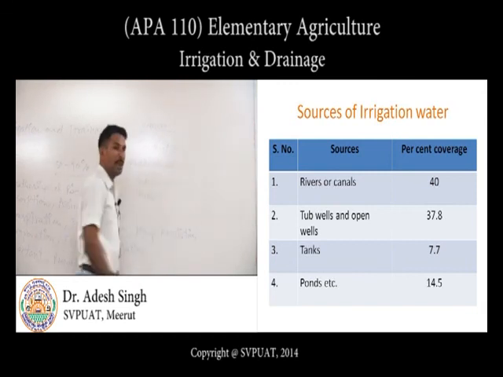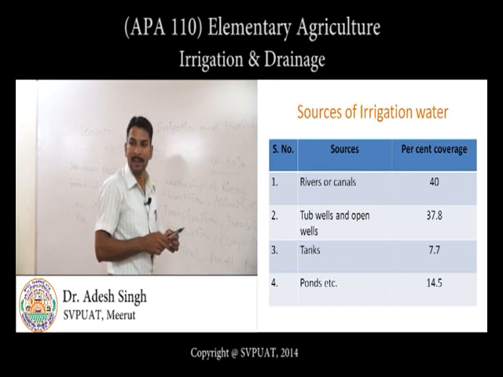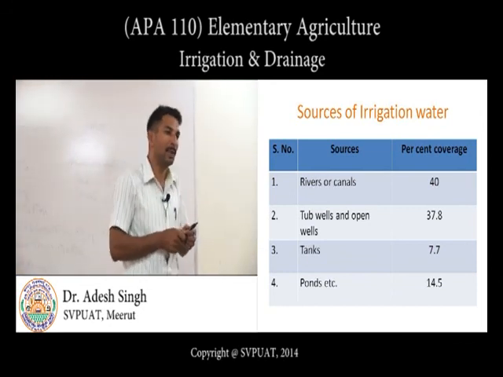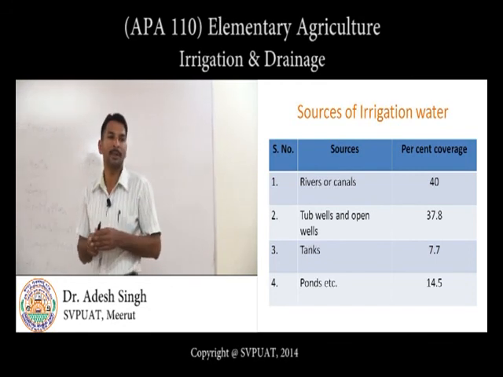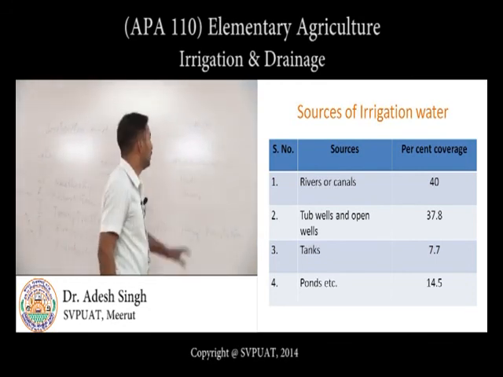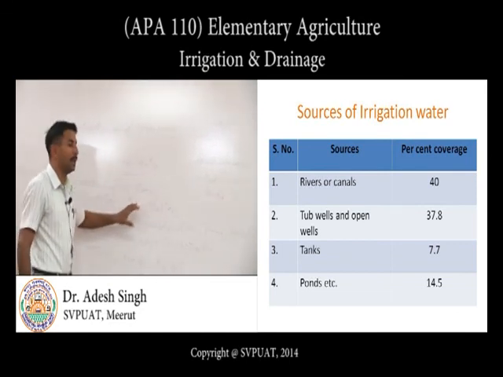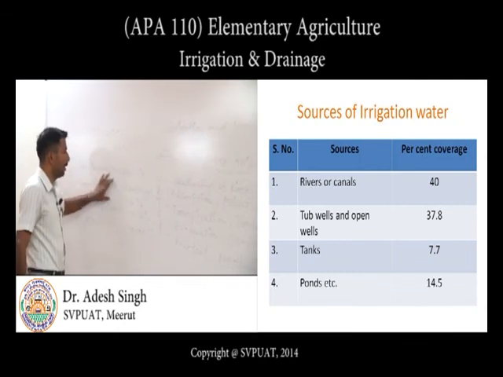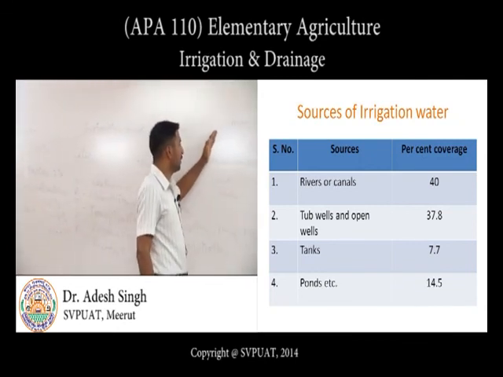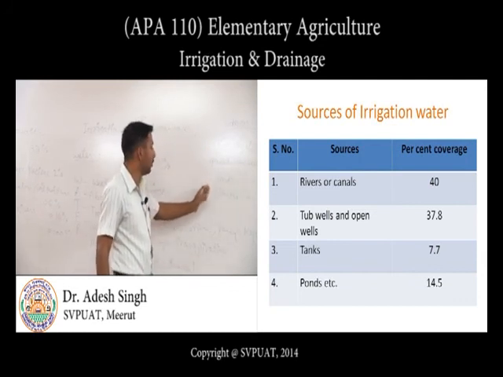Irrigation is also necessary for the growing of plants, and irrigation is nothing but the artificial application of water for growing a successful crop. So this artificial water can be replenished to fulfill the needs of the groundwater or soil water. The important sources are rivers, open wells or tube wells, then tanks and ponds.